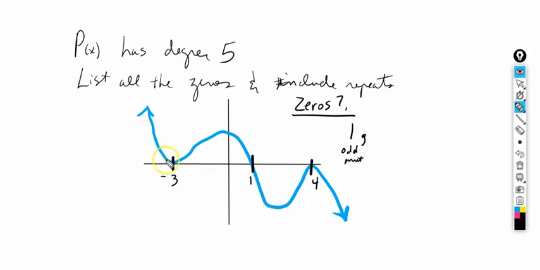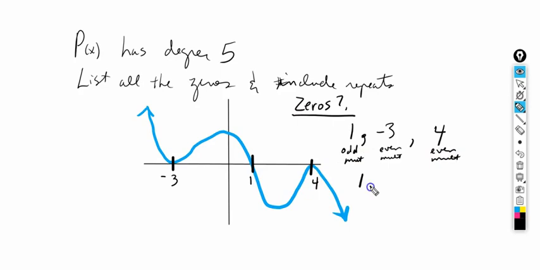We can see that -3 touches and bounces back. So it's even multiplicity. So it's going to be repeated twice or 4 times or 6 times, and so on. And 4 is a 0 because we have an x-intercept at 4. It touches and bounces back, so it has even multiplicity, so it's repeated an even number of times.